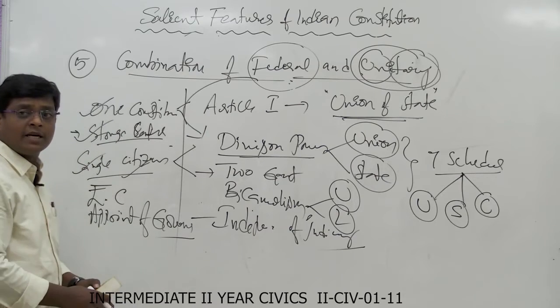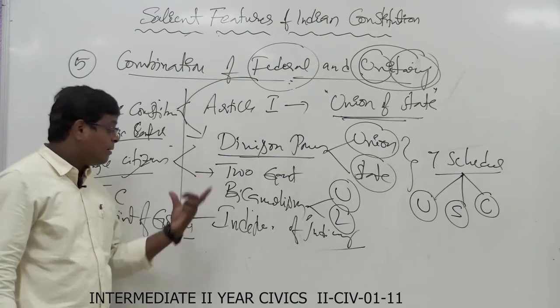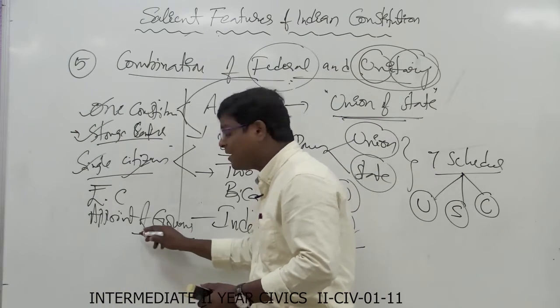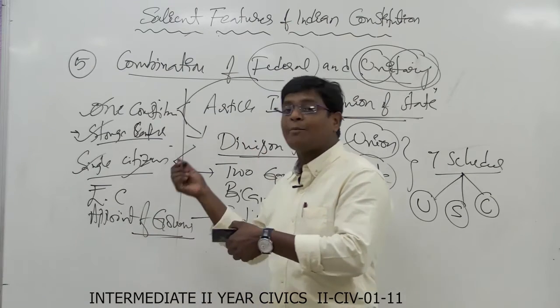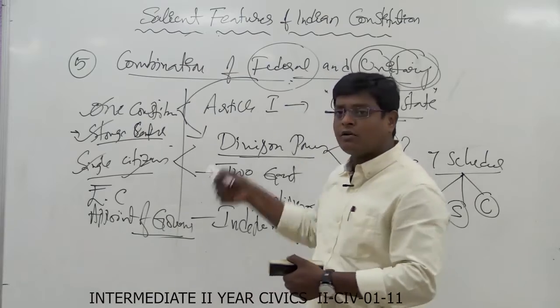Governors are appointed by the President of India, who comes under the central government, but the governors work in the state government. The governor is the head of the state, but he is appointed by the central government. Does it come under a unitary feature or not?